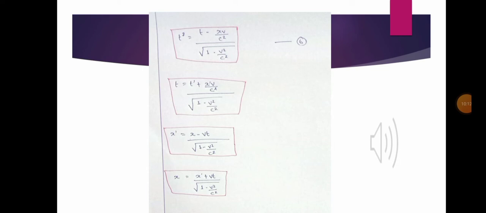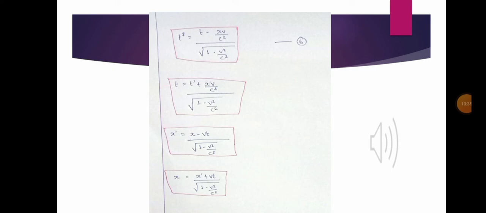Now put the value of lambda in equations 1 and 2. Equation 1 becomes x dash equals x minus vt upon root over 1 minus v square by c square. This is the third Lorentz transformation equation.